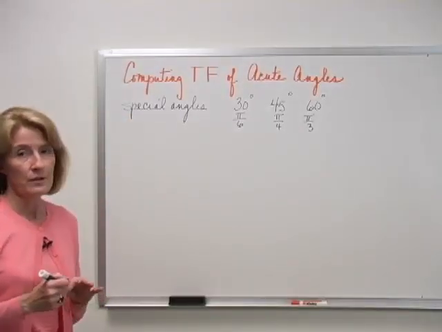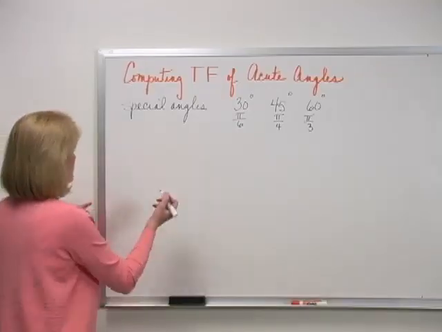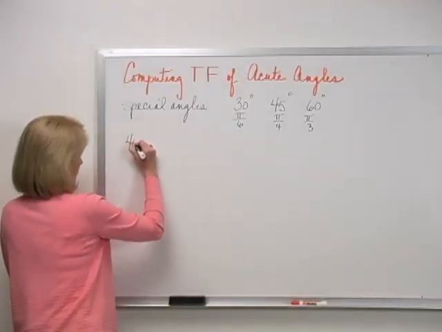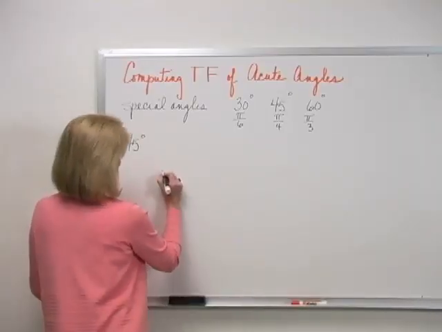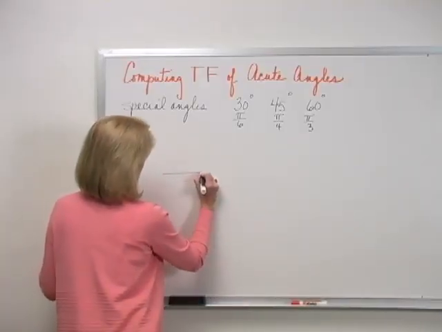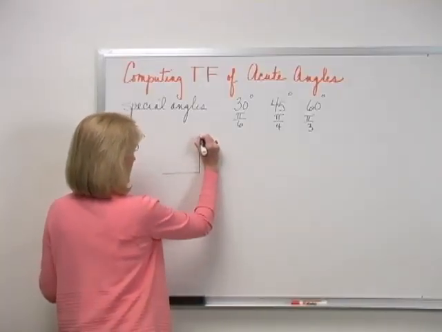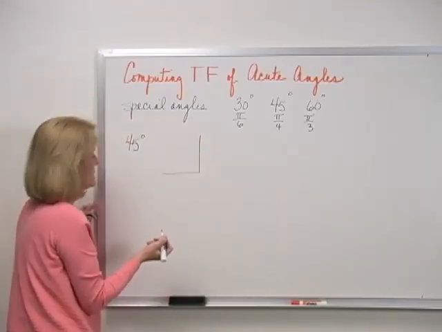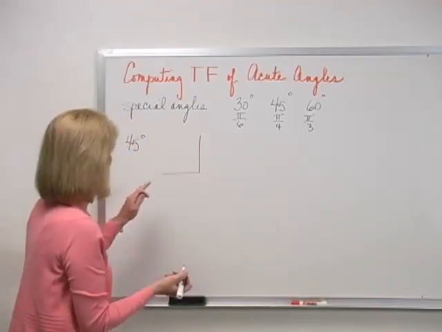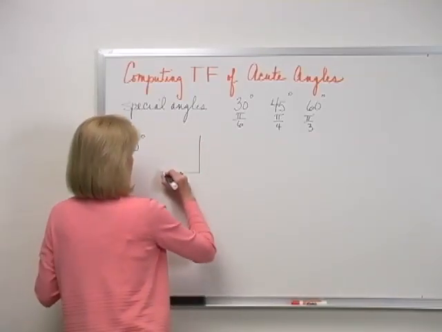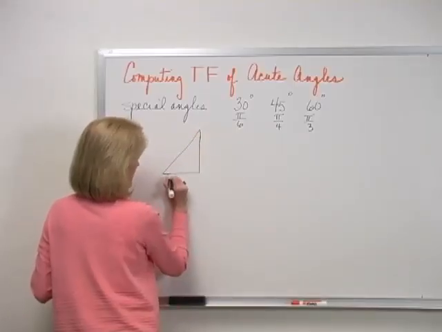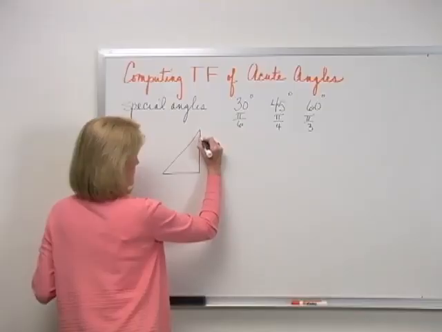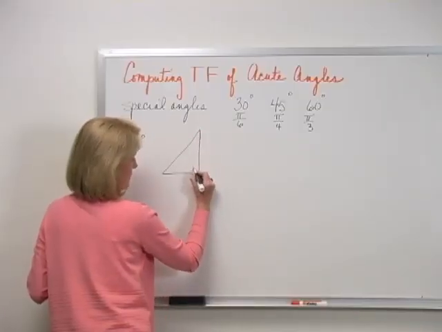Let's take 45 degrees first. Let's draw a triangle, and we will choose this triangle to be a right triangle, but we want it to be written so that it is an isosceles triangle where these 2 sides have the same length.